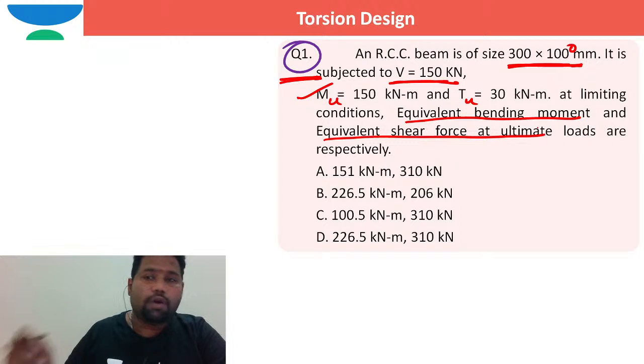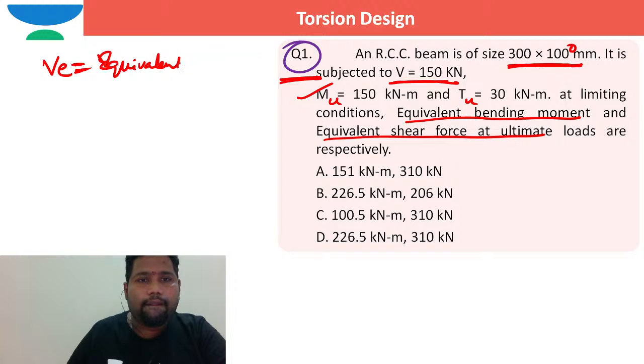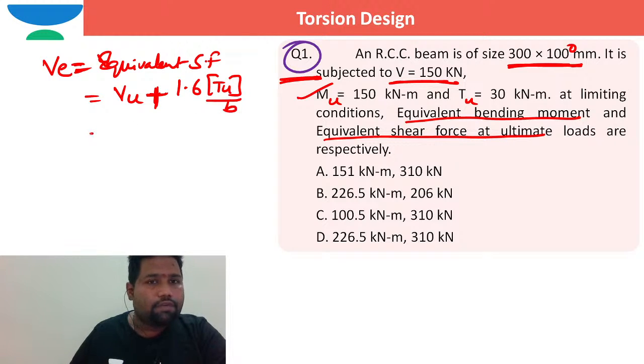To work out the equivalent shear force, how can we work it out? VE equals equivalent shear force equals shear force because of external load plus 1.6 times TU by B. VU is 150 kilonewton at limiting conditions.